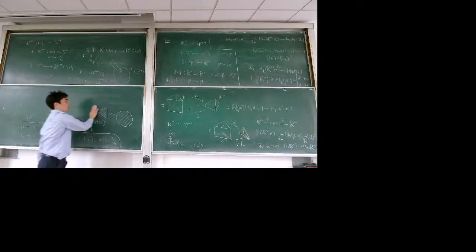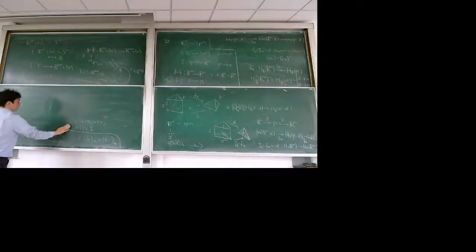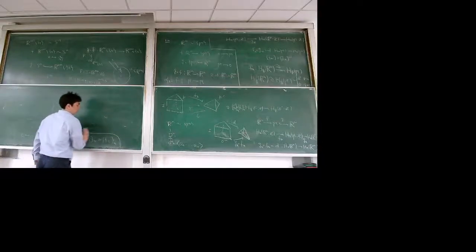So since we already showed that Rn without the origin is homotopic to Sn, so therefore the homology group.